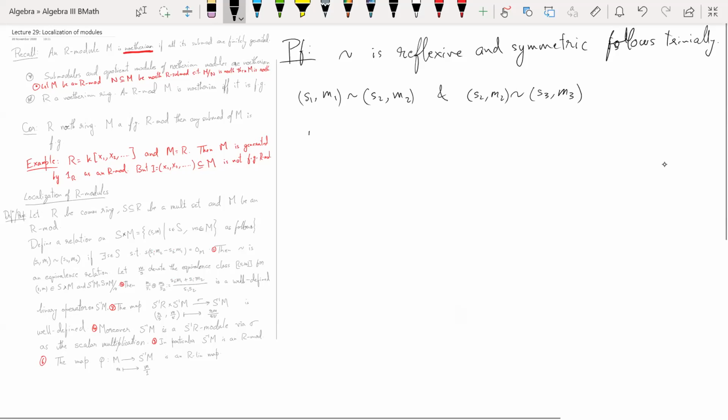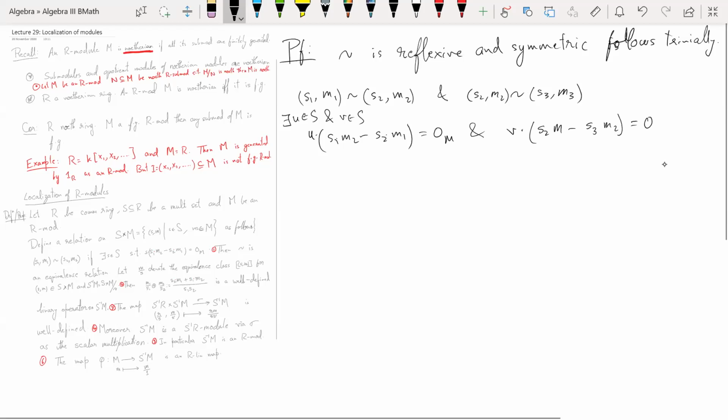So there exists U in S and V in S, such that U times (S1 M2 minus S2 M1) is 0 in M, and V times (S2 M3 minus S3 M2) is 0 in M.